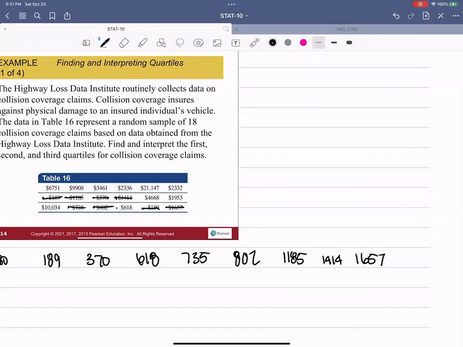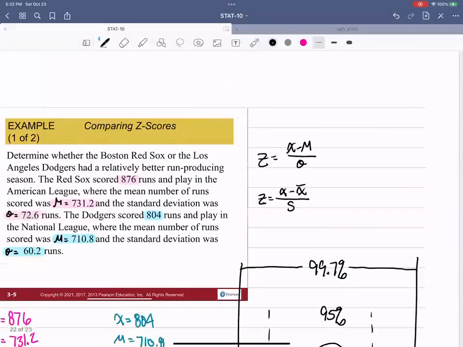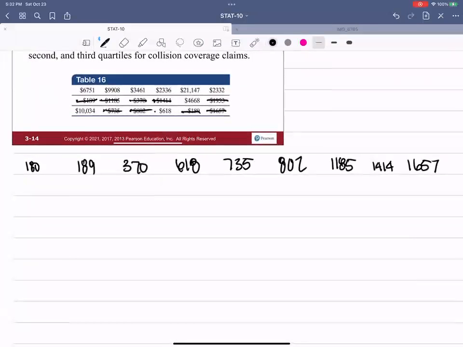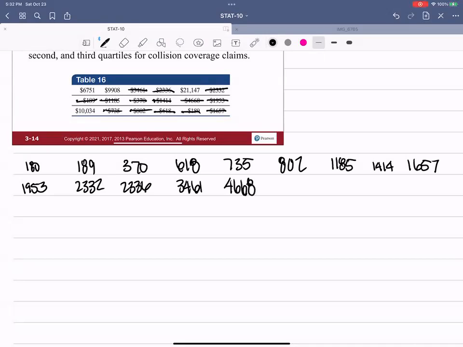Then 1953, then 2,332, then 3,336, 3,461, 4,668, 5,006, 751, 7,000, no, 8, no, 9, 9908.